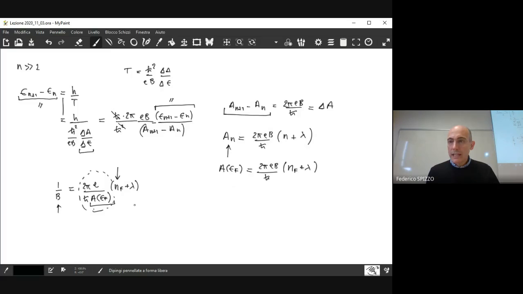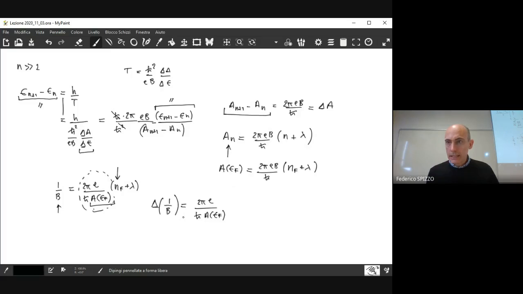So the conclusion is that the variation of 1 over B corresponding to two intersections separated by just one variation of the integer equal to 1 is equal to 2 pi e divided by h bar, area of the Fermi surface.